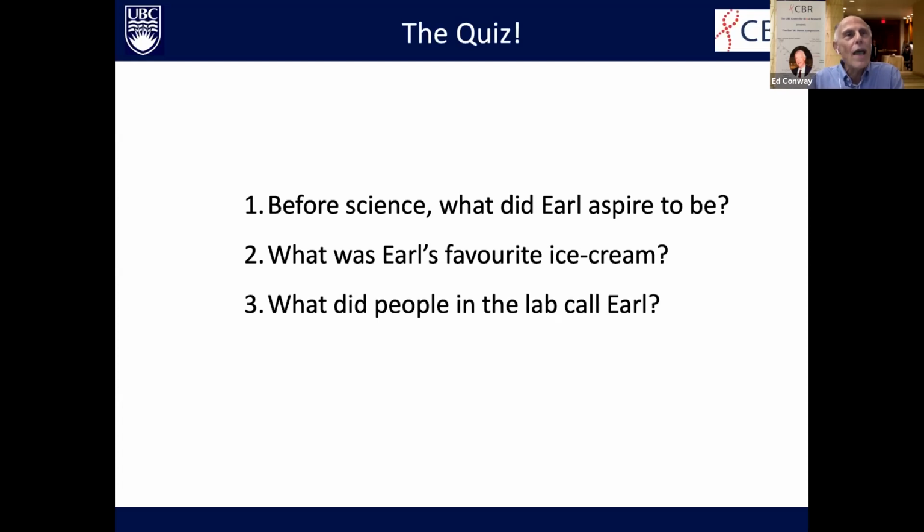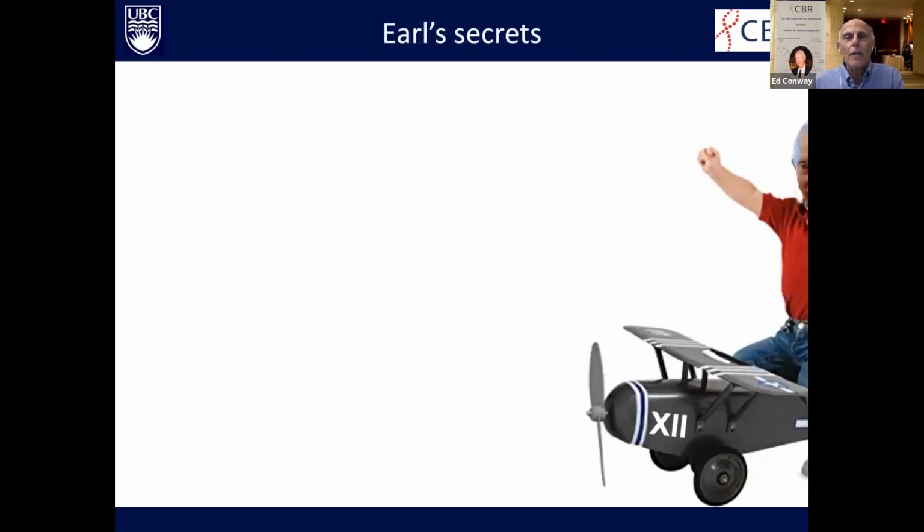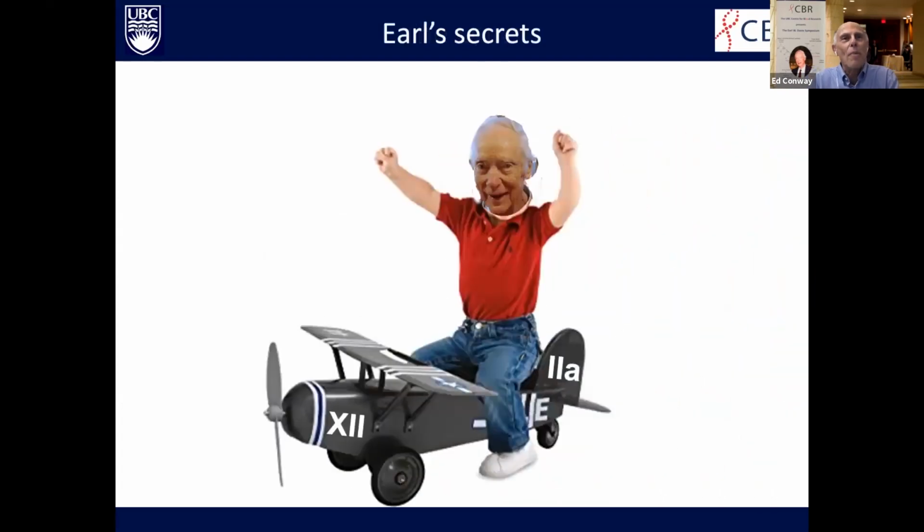When I visited Earl on his 90th birthday, he suggested he wanted to be a pilot, but Dominique tells me that he actually wanted to be a jazz musician. Jim Davie, I see you in the participants here. Jim, do you have any idea what your father wanted to be? You'll have to unmute. So I'm sure the answer is that he wanted to be a jazz musician.